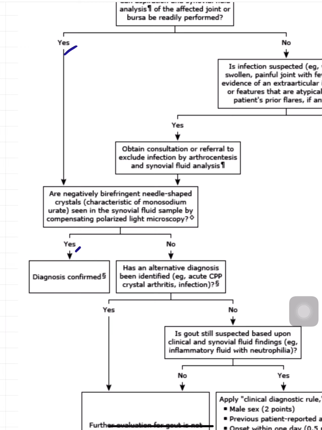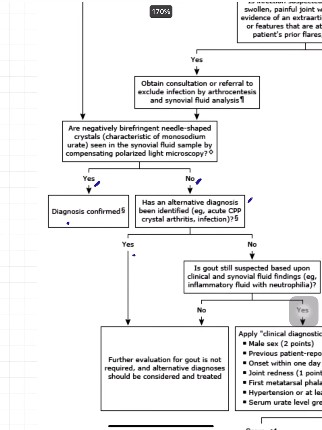If it is positive, the diagnosis of gout is confirmed. If it is negative, we have to consider other alternative diagnoses, and if the joint aspiration shows positively birefringent crystals or a very high neutrophil count with features of infection, we will treat these causes.